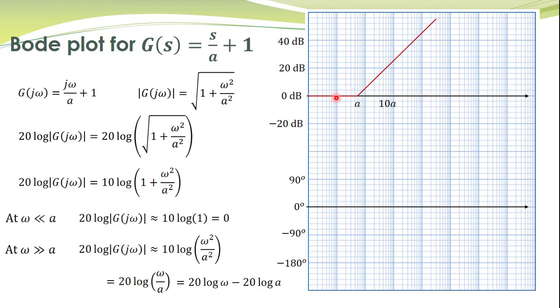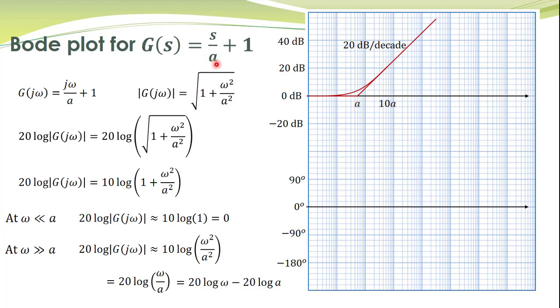So you can sometimes draw it more accurately by a freehand sketch. Instead of making a corner over here, you draw a freehand sketch to make it a little bit more accurate. So that is the magnitude frequency response of this transfer function.